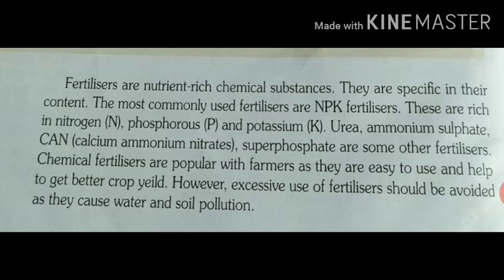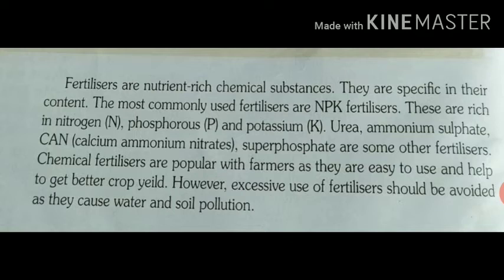So what are fertilizers? Fertilizers are nutrient rich chemical substances. They are specific in their content. The most commonly used fertilizers are NPK fertilizers. These are rich in nitrogen, phosphorus and potassium. Urea, ammonium sulfate, CAN, that is calcium ammonium nitrate, and superphosphates are some other fertilizers.